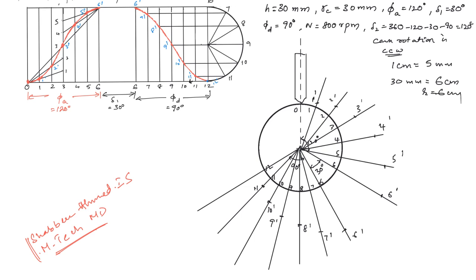That will be 11 dash. So we have 12 and 12 dash will overlap. Now we will join the points using a smooth curve. Okay, so we will join.